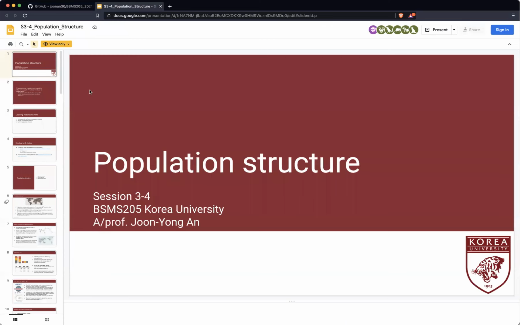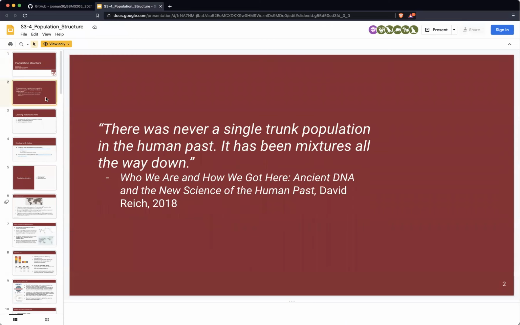On population structure, we're going to cover some key concepts related to population genetics and also understanding modern genetics as well. And I put the famous quote from David Wright from his recent book.